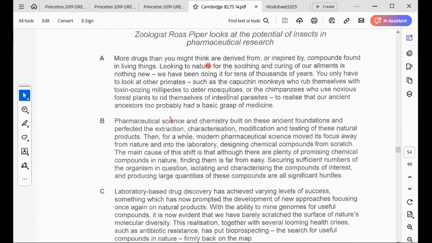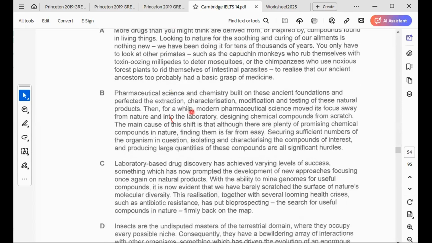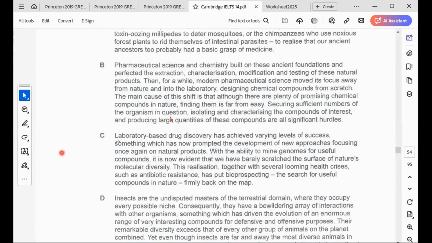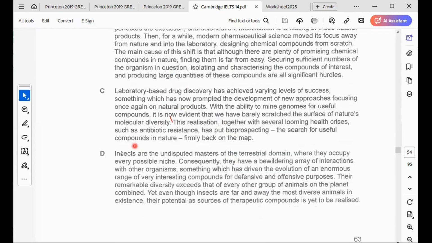They didn't talk about using insects in this paragraph A. Paragraph B, did they talk about using insects for drug research? No. They didn't talk about using insects in paragraph B. Paragraph C, did they talk about using insects here? No. Paragraph D, insects are the undisputed masters.